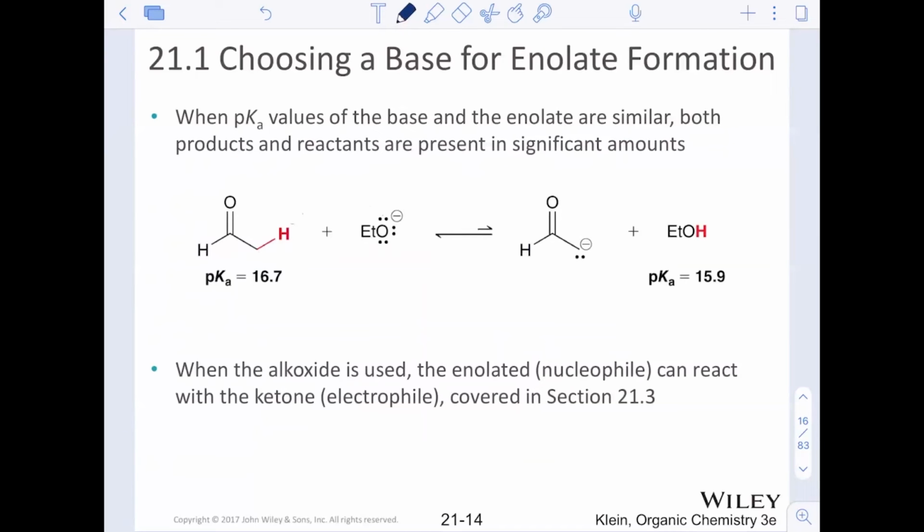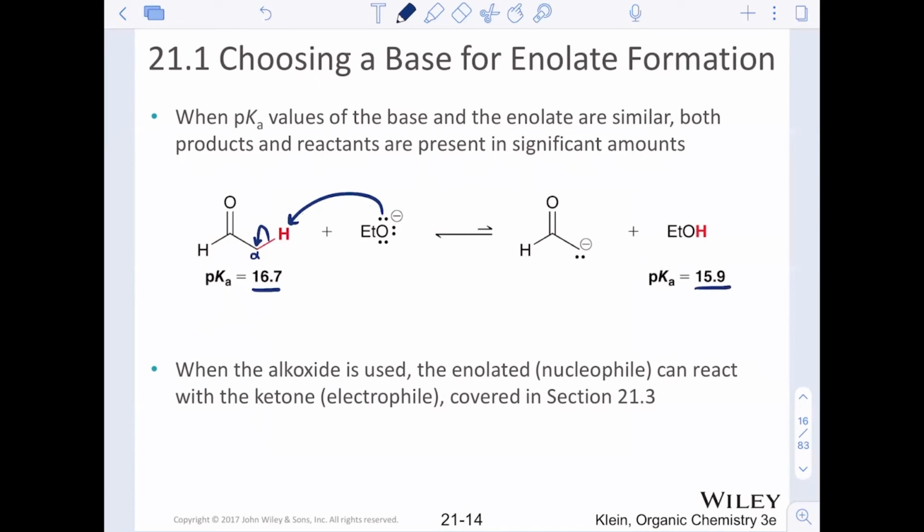So looking at the aldehyde first, we'll take our simple acetaldehyde here. Alpha carbon with a pKa of 16.7. If we think about ethoxide or methoxide or ethanol, sodium hydroxide, we see that we could imagine the acid-base curved arrows, but look at these pKa ranges.